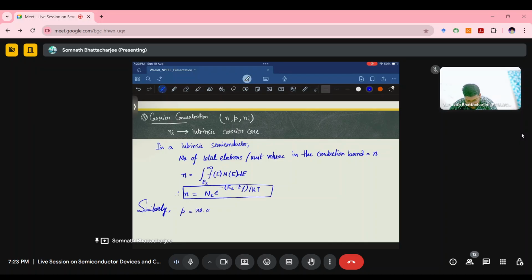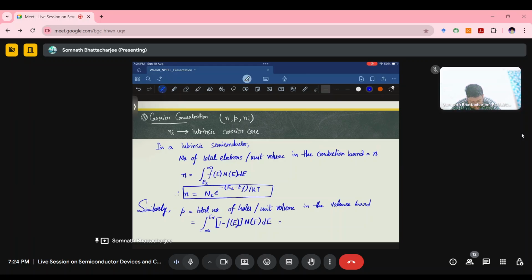Similarly, the total number of holes per unit volume in the valence band is termed as P. We integrate from minus infinity to EV, and holes correspond to 1 minus Fe, again with the density of states.